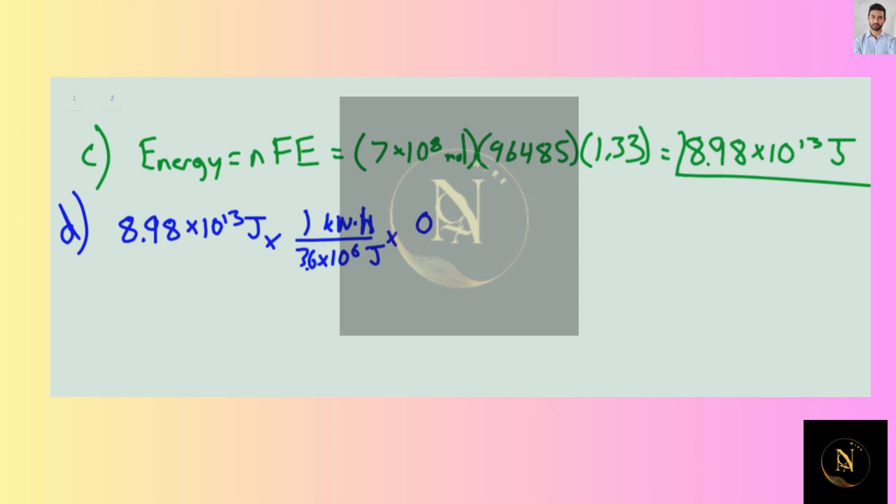And then we have $0.85 for every kilowatt hour. So joules cancels, kilowatt hours cancels, and we're left with dollars, and the dollar value is 2.12 times 10 to the 7th.